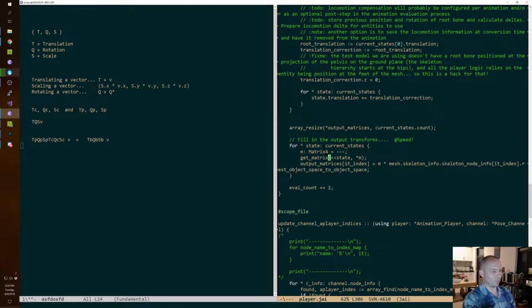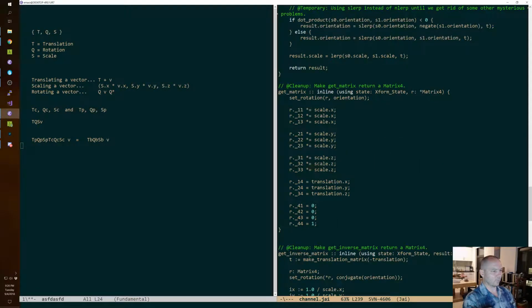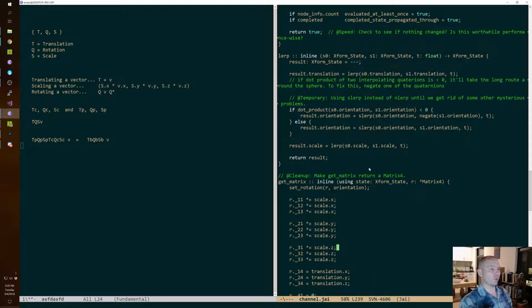These things are spread all over the place. Oh my God. I just expanded this out and didn't really write down what the order of operations is.